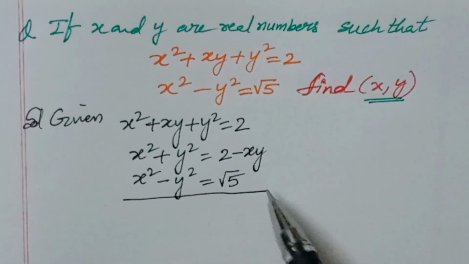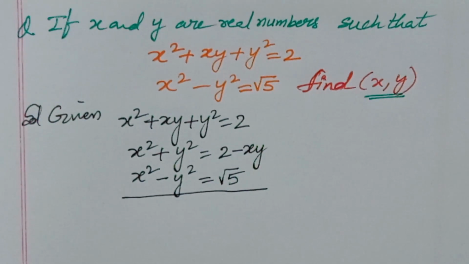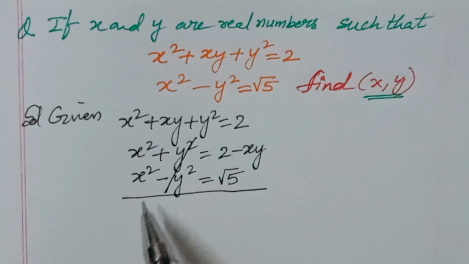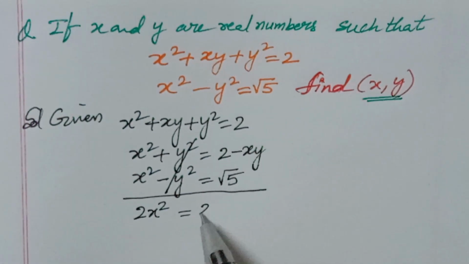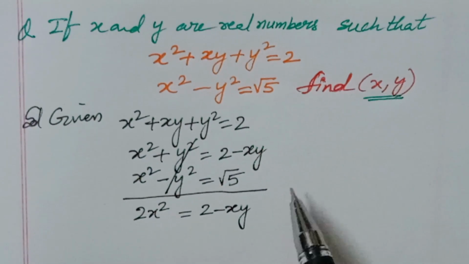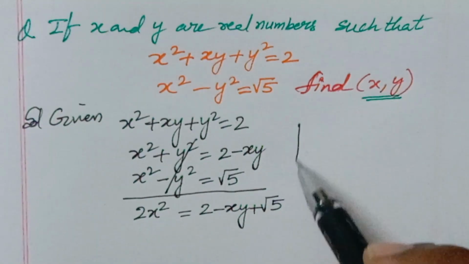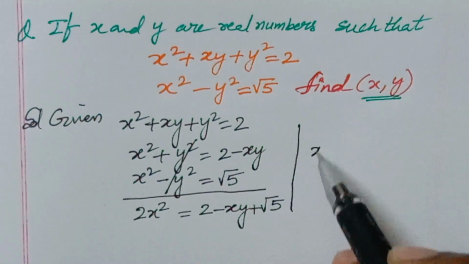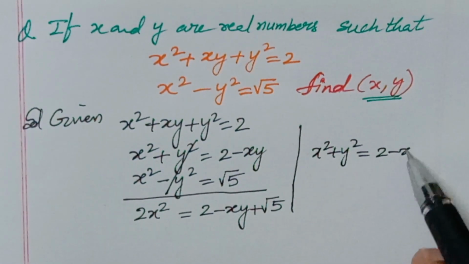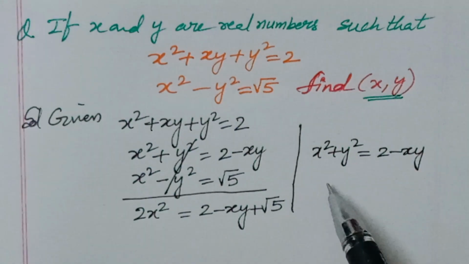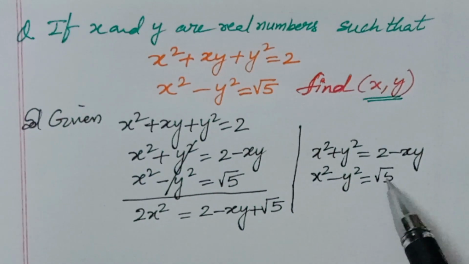So here we are adding these two. Here y square gets cancelled. 2x square is equal to 2 minus xy plus root 5. Now the same I will do here, subtraction. x square plus y square is equal to 2 minus xy, and x square minus y square is equal to root 5.